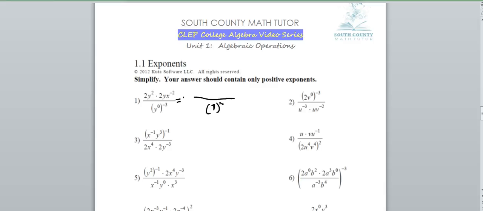Okay, 1 to the negative 3. And then 2y squared times 2yx to the negative 2. Okay, so what you want to do is go literally one step at a time. Okay, so one step at a time.